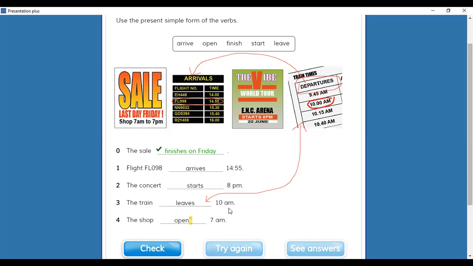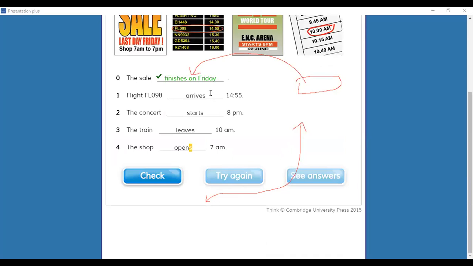Usually singular. The concert, the event, the meeting, the class. So usually it's going to be in singular. That's it. Okay, I'm going to move down here. So we have arrives, starts, leaves, and opens.